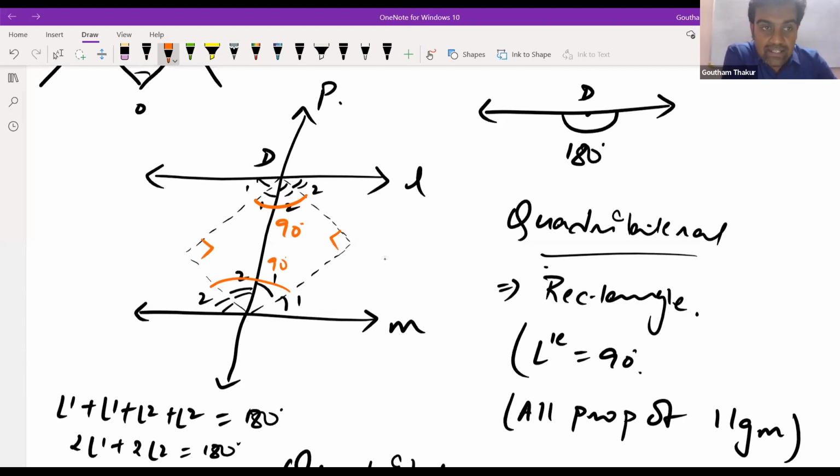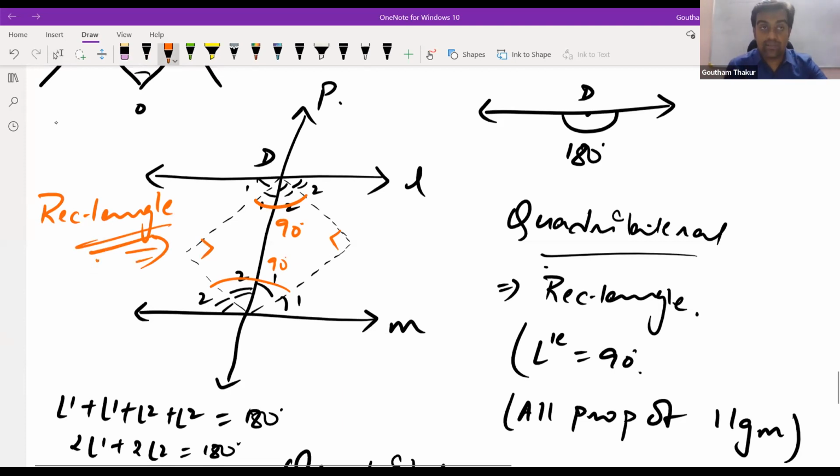That forms a rectangle. That means we learned one more concept: the polygon formed by the bisectors of the interior angles of parallel lines is a rectangle.